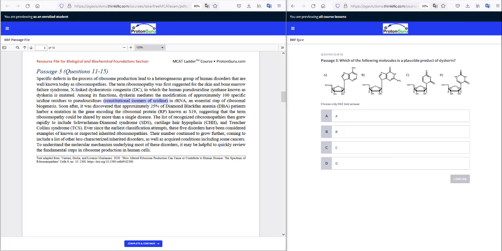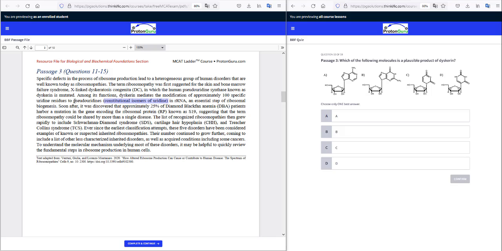If we think about uracil, the base that's present in uridine, it's a pyrimidine, one of the single ring bases. So we can rule out these purines, A and B. We have C and D. Now, how are these bases typically attached to the sugar ring? They're usually attached through the nitrogen. So this choice C is actually uridine itself.